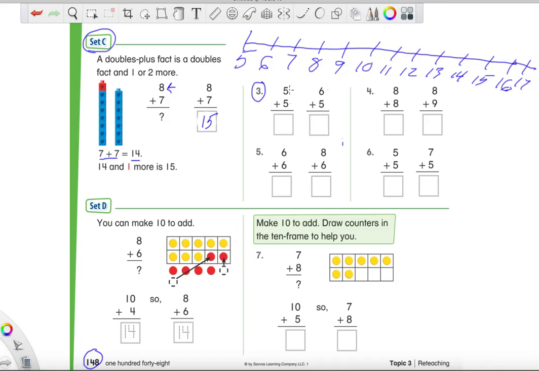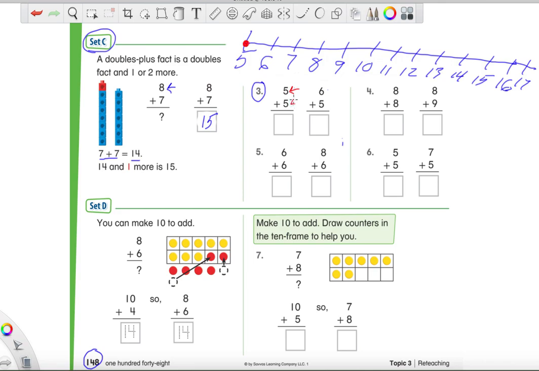So first we need to solve our doubles fact, which is 5 plus 5. We can, of course, use our number line to solve this. Remember, when we see our addition facts top to bottom, we still solve the same way. The first number, or the top number, is our start number. It shows us where we start on the number line.